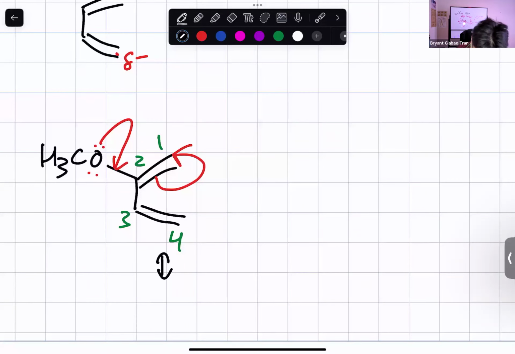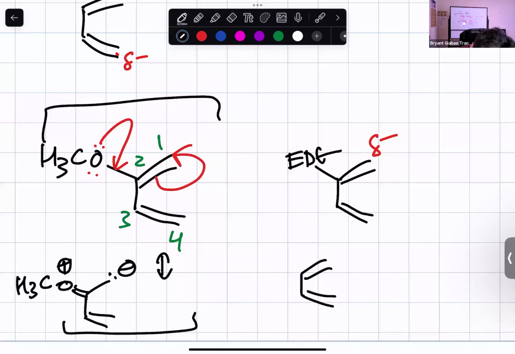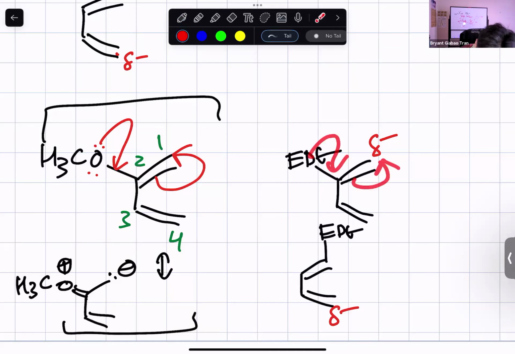I think you get the point, but let me draw this quickly: OCH3 plus, negative charge. So when you see an EDG in the middle, the negative charge is at the nearest atom. If you see an EDG at one of the ends, the negative charge is at the other end, based on the resonance.